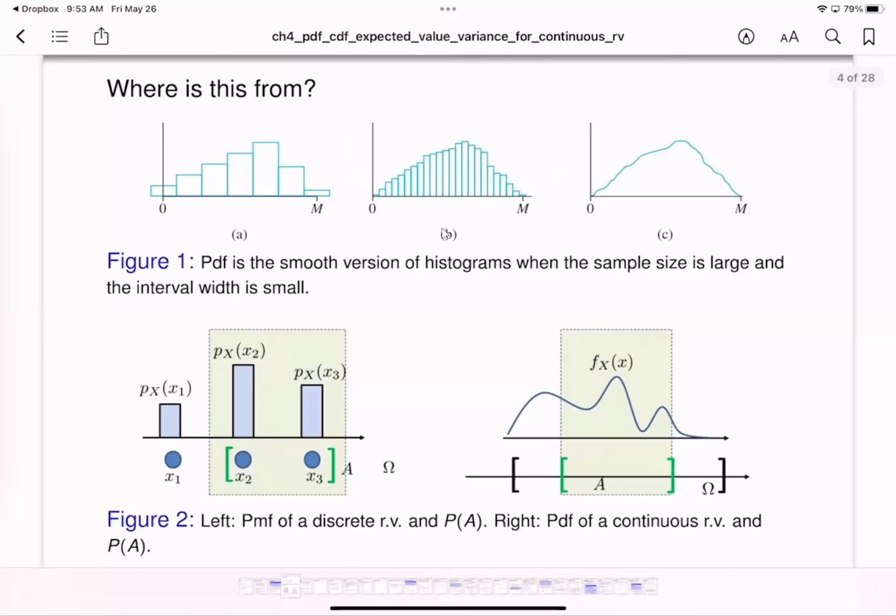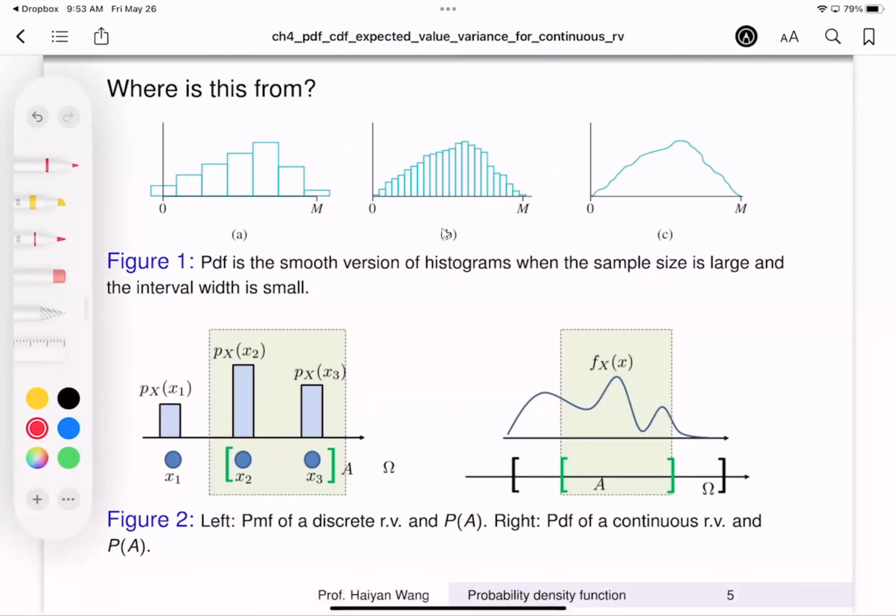In the discrete variable, on the other hand, we call the probability density function a PMF, probability mass function. The reason is that we assign a probability mass to each of the possible values.